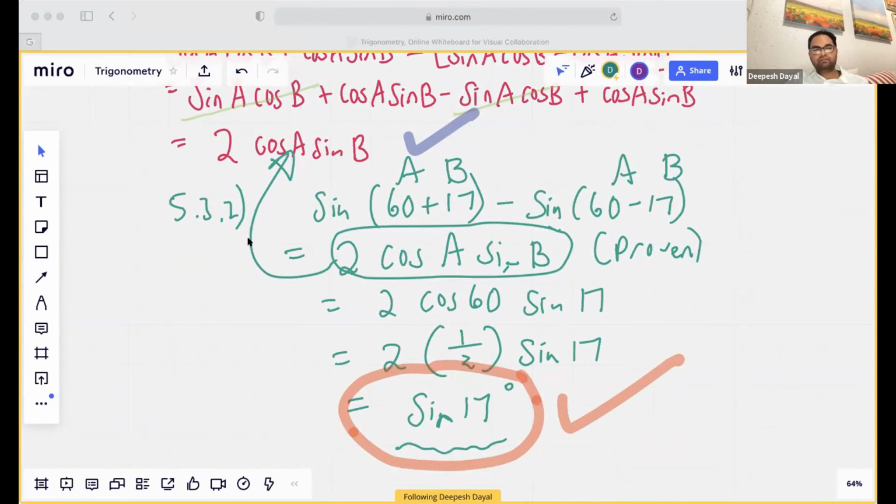Okay. Any questions regarding this one? It's quite tricky, but it's doable. The more you do of them, the easier you identify it, right? Okay.